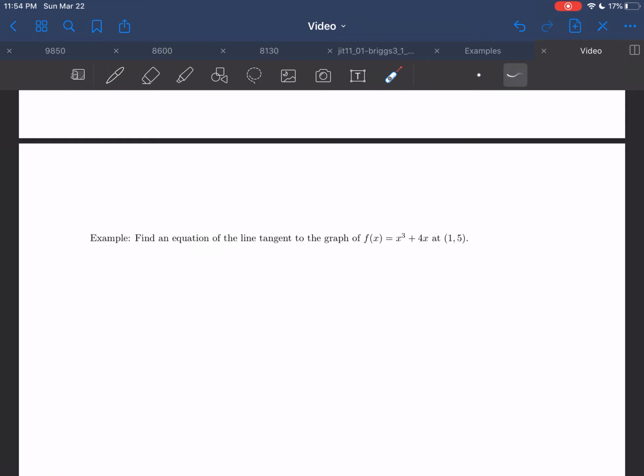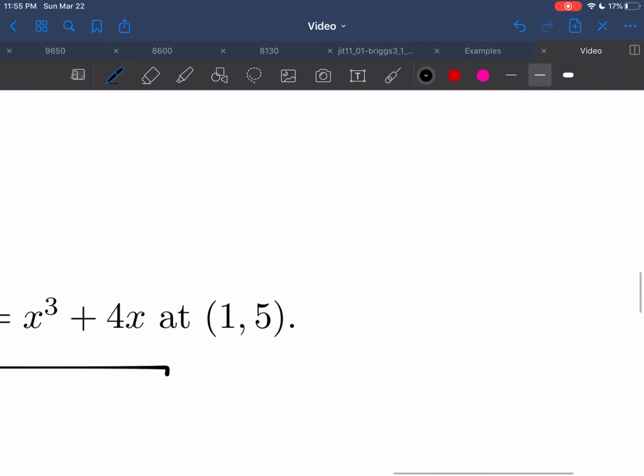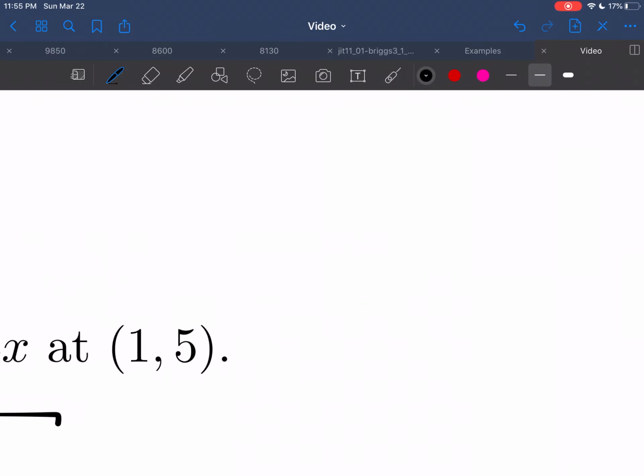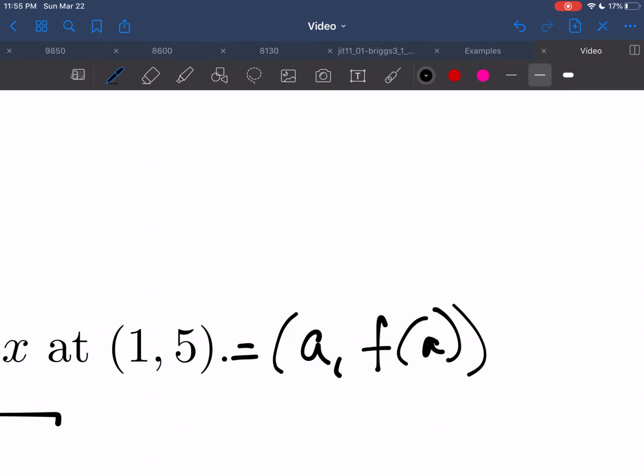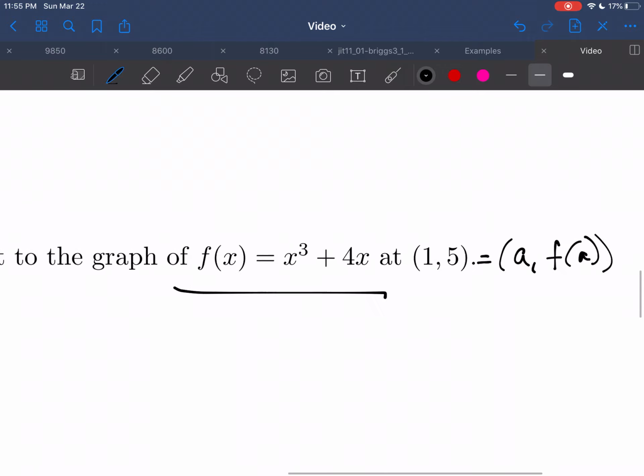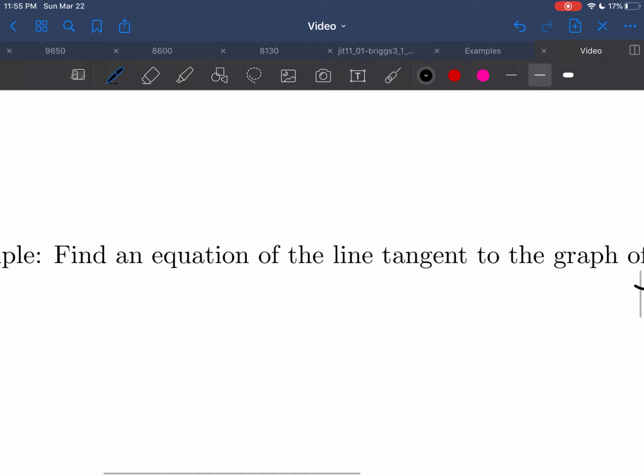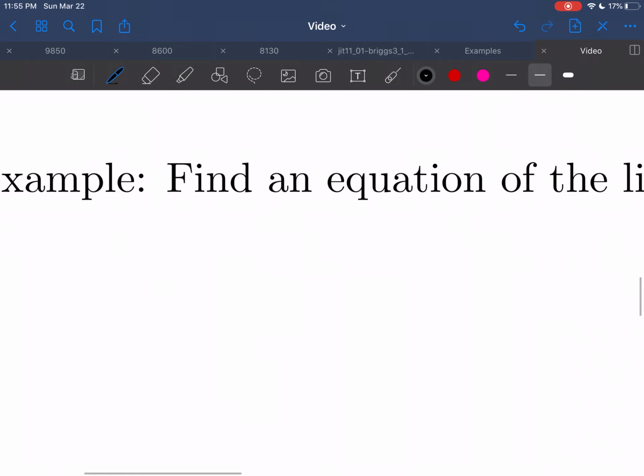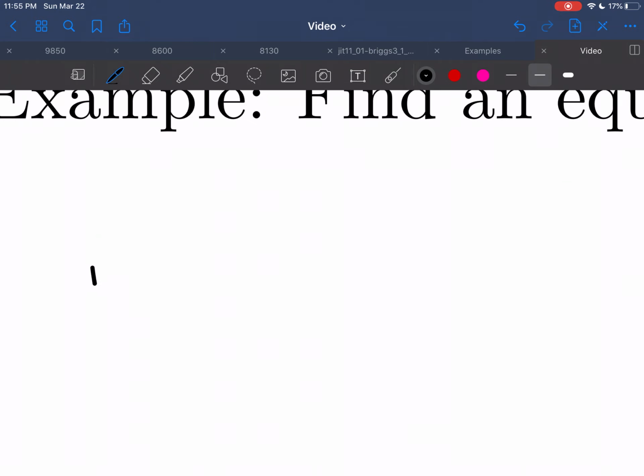Okay, so if we're looking for an equation of the line tangent to the graph of f of x given here at our point (1, 5), where remember 1 is a, 5 is f of a. Alright? So we can follow the same sort of process. We're going to find our m tan first, that slope of the tangent line.